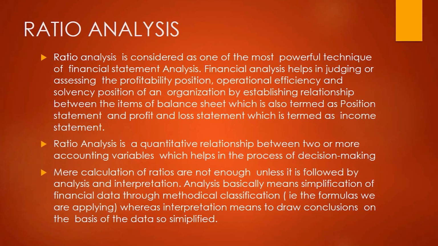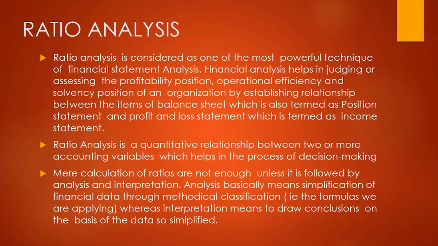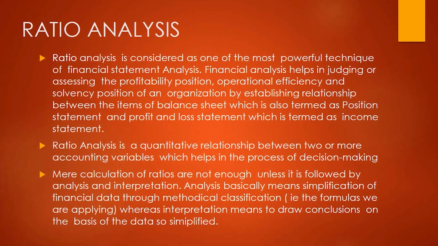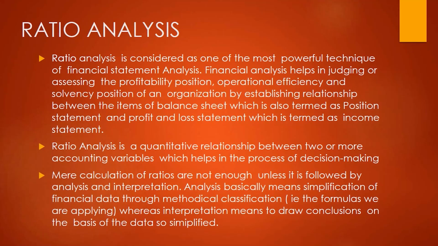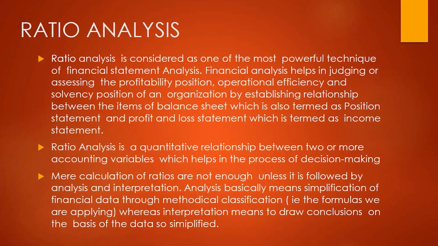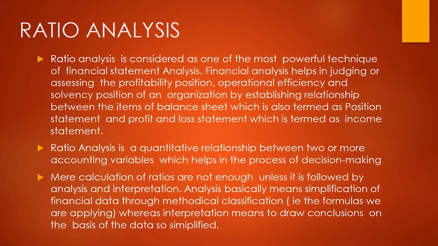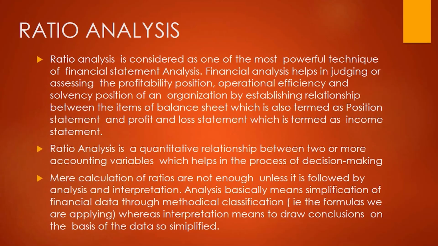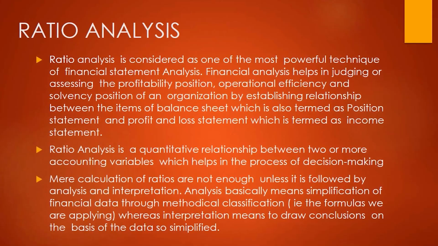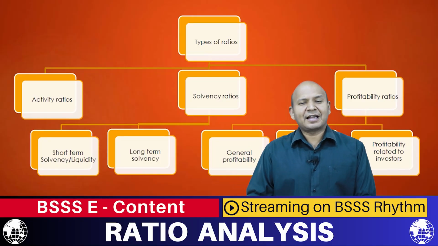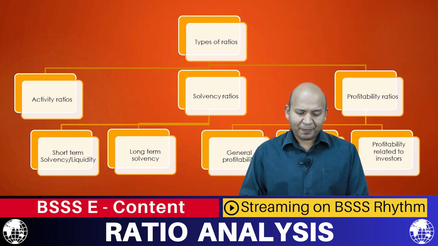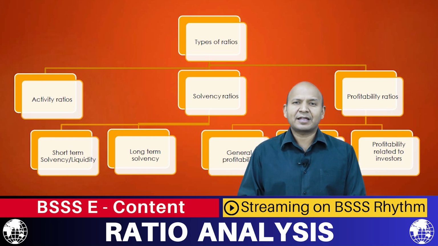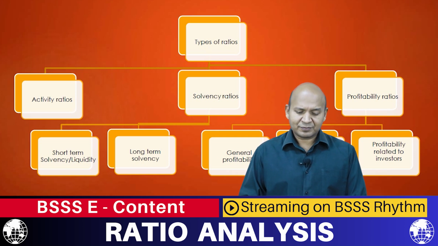Analysis basically means simplification of financial data through methodological classification, whereas interpretation means to draw conclusions on the basis of the data so simplified. These are the major classifications of ratios. First one is activity ratios, which are also termed efficiency ratios or turnover ratios.